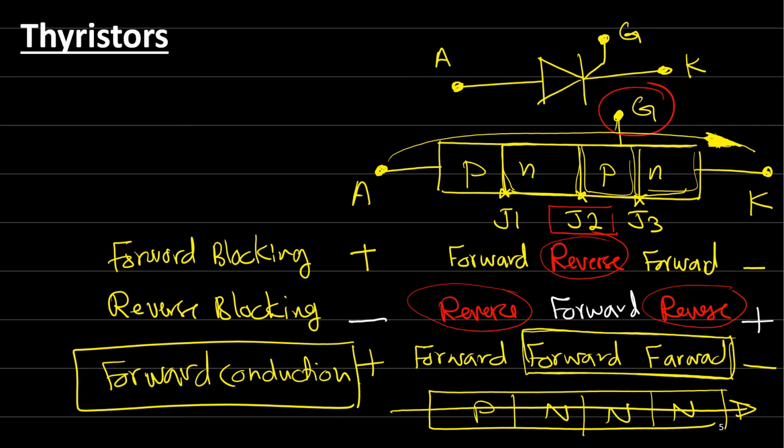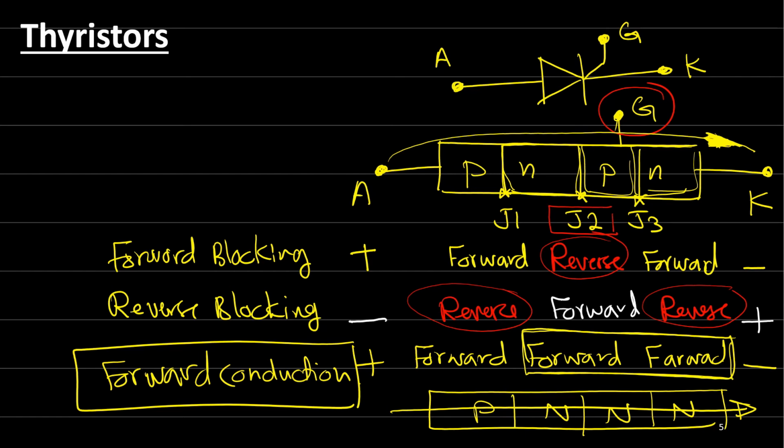This forward conduction mode occurs only if we have forward voltage and also current triggering the gate. If we remove the gate current or the gate voltage, what's happening to the thyristor? It will do nothing. The current will keep flowing in the thyristor and will be stopped only if we apply negative voltage on the thyristor or if the current reaches zero in the circuit.